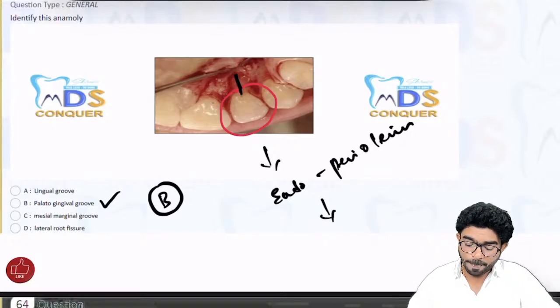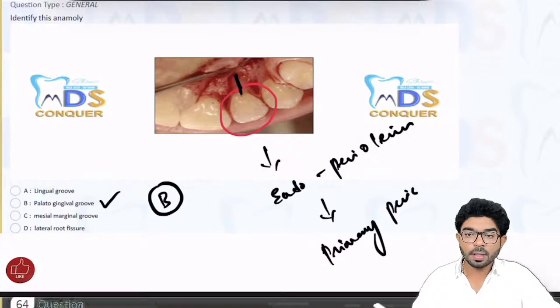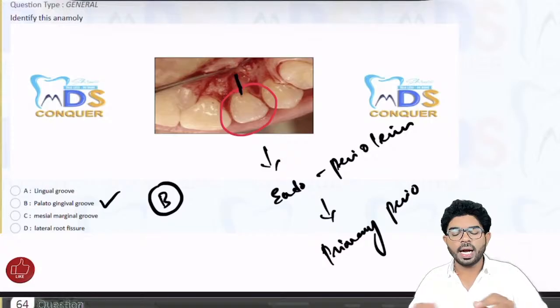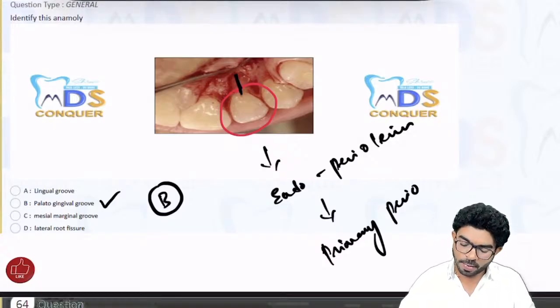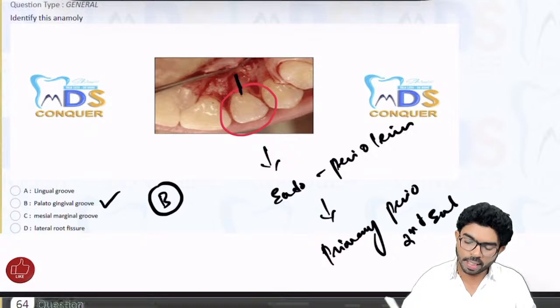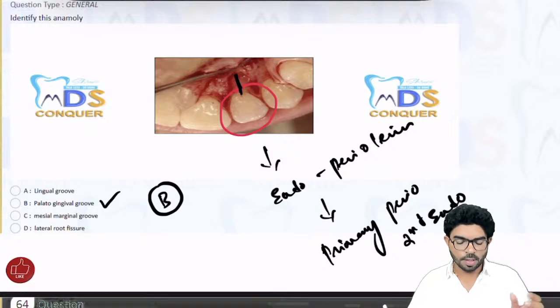So this is going to be primary perio. Periodontal problems will start initially because of the palato-gingival groove, and further it extends through the lateral canals or the accessory canals to infect the pulp. So it is a primary perio and secondary endodontic lesion. Okay, right. So primary perio, secondary endodontic lesion, palato-gingival groove.